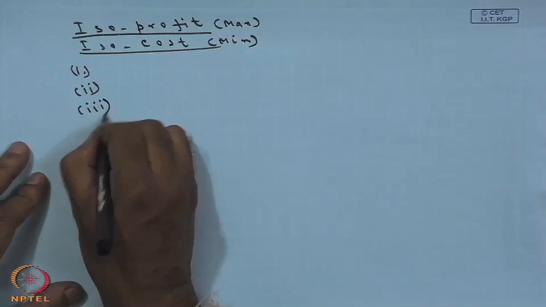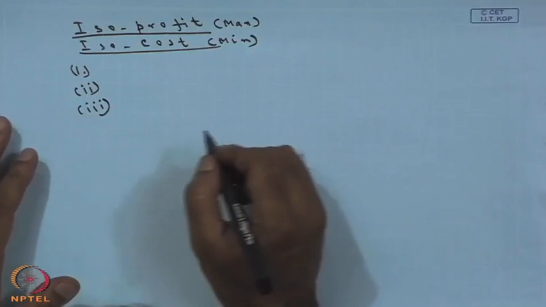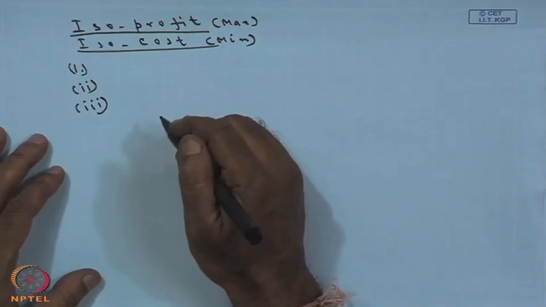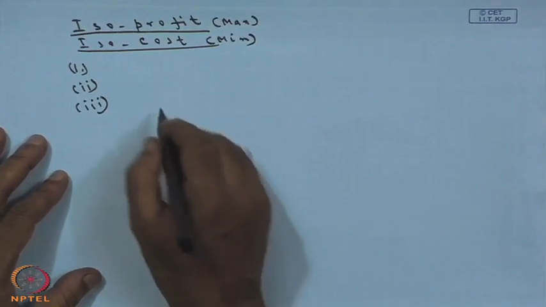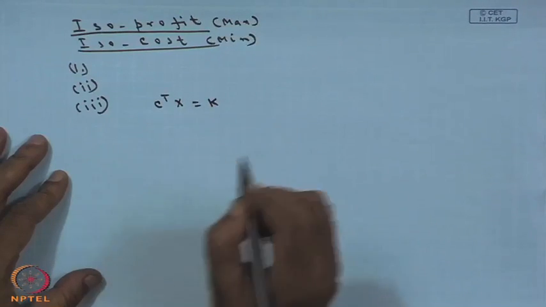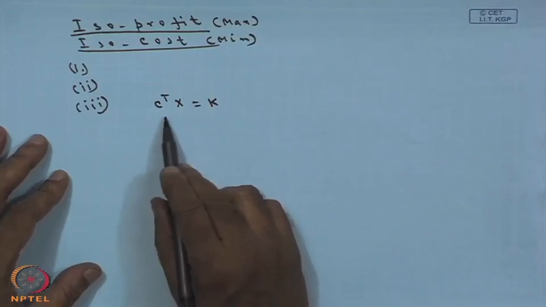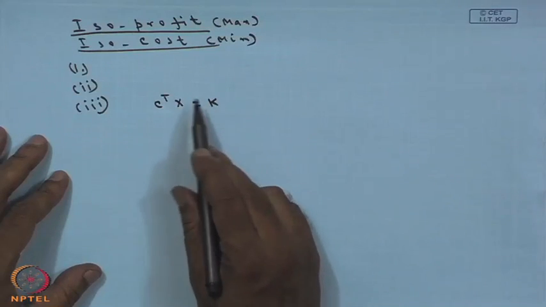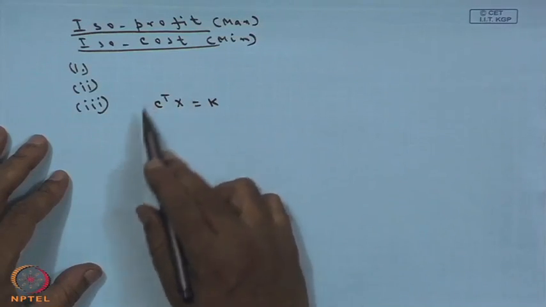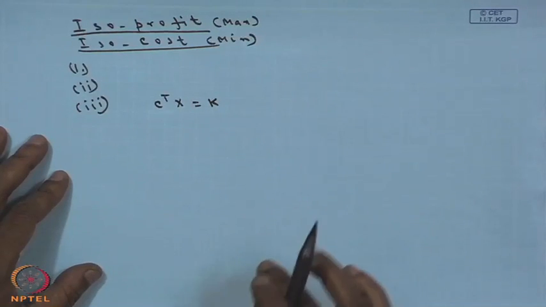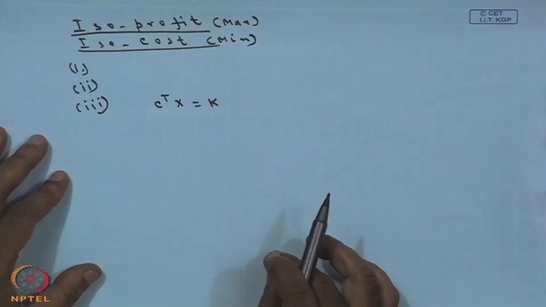Point number 3, what happens? We have to choose a convenient profit function which takes the form of, again I have discussed this, the objective function C transpose x equals k for a given value of k, and which lies inside the feasible region, that is, at least at one point it touches the feasible region.